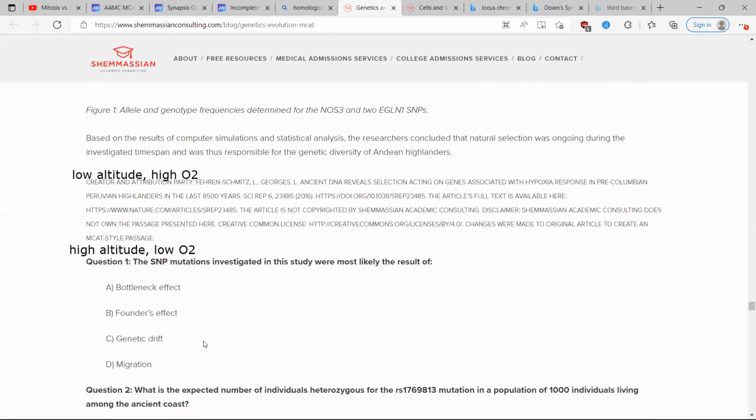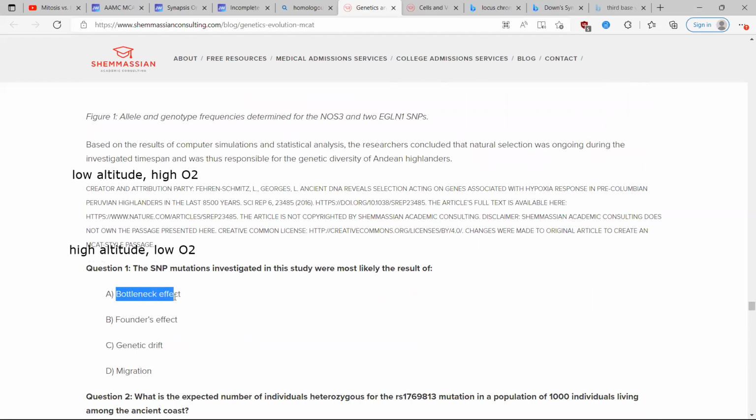So first of all, is it going to be the bottleneck effect, right? What is the bottleneck effect all about? In one word, what is it mostly related to? Good. Disasters. Okay, low diversity, right?